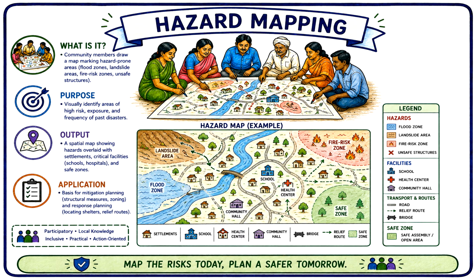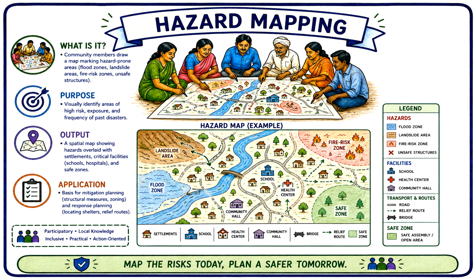Next is hazard mapping. Hazard mapping is a participatory tool in which community members prepare a map identifying areas exposed to hazards such as floods, landslides, fires, earthquakes, or other local risks.